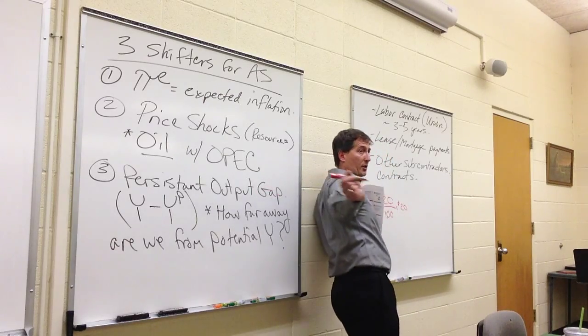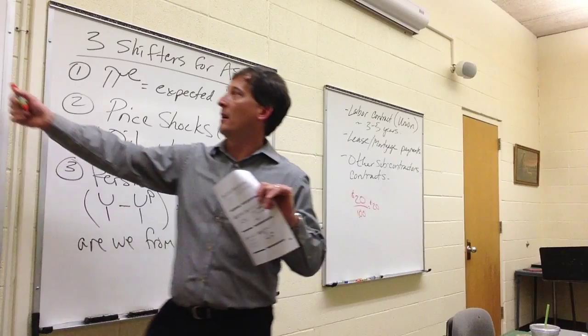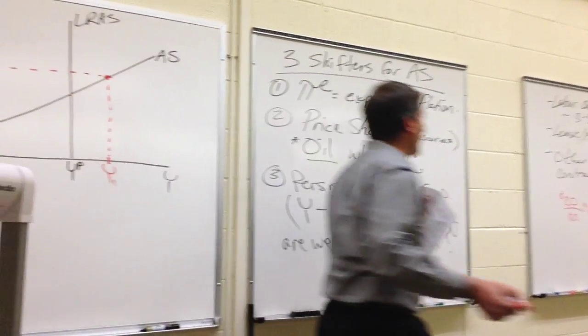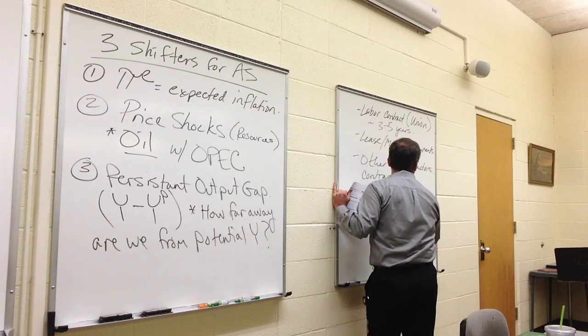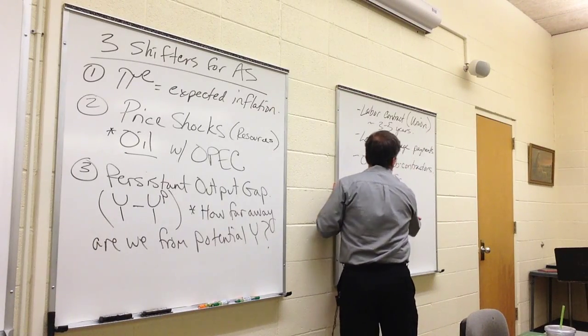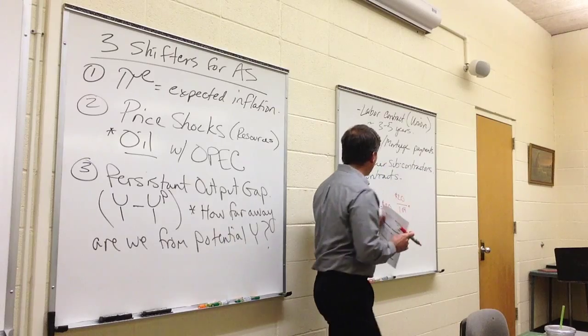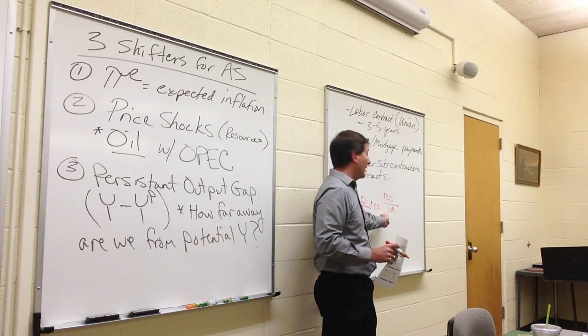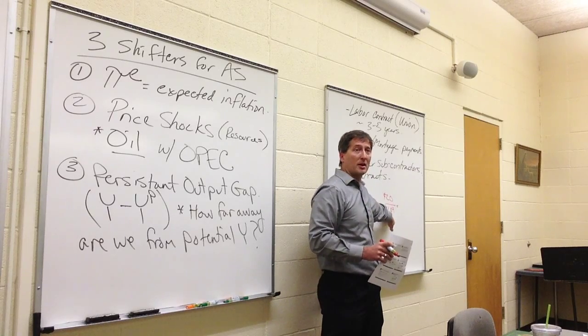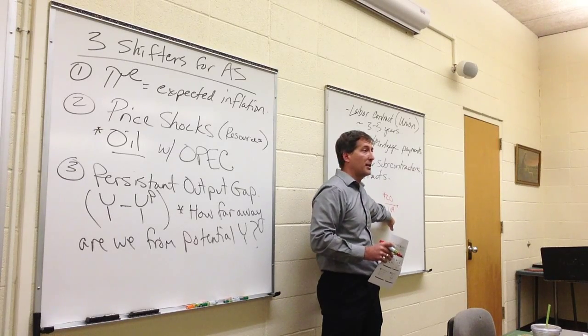As inflation occurs, if inflation jumps up 4%, then my real wage falls to 1.04, whatever that number turns out to be. We don't need to calculate it, but we know that my real wage is going to be less. And so what type of pressure is going to be on the wages? To go up or down?